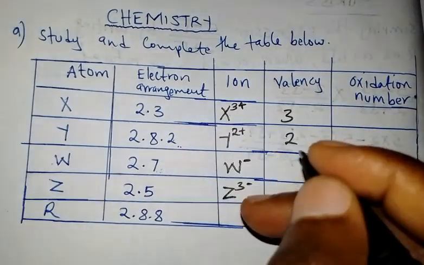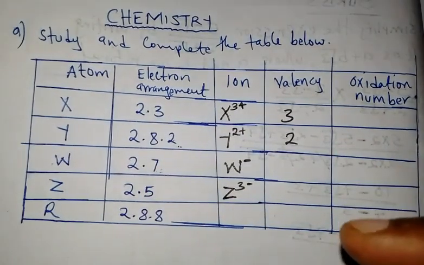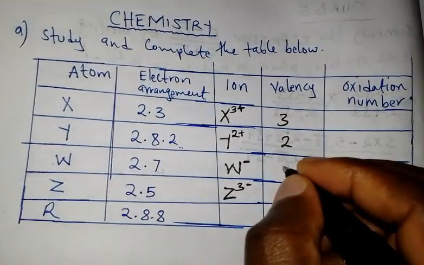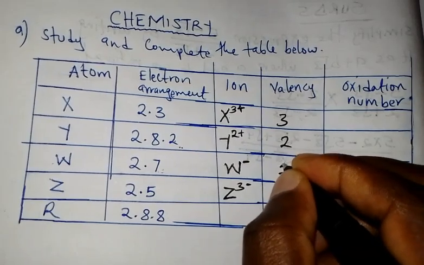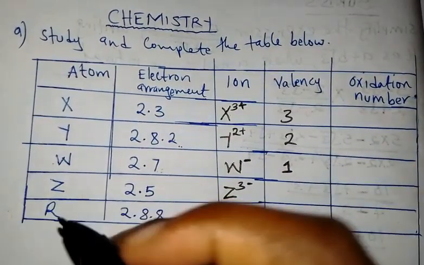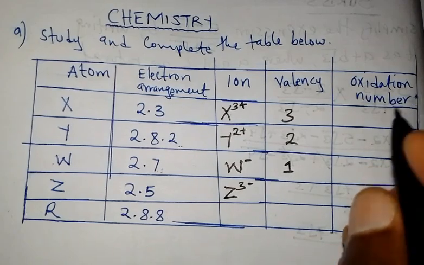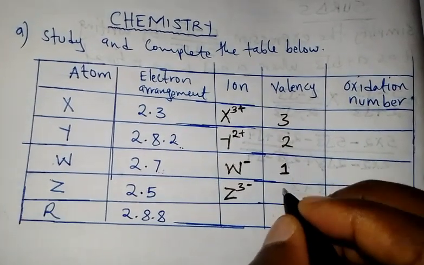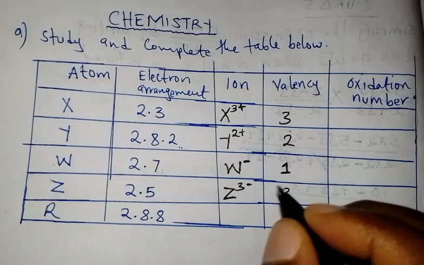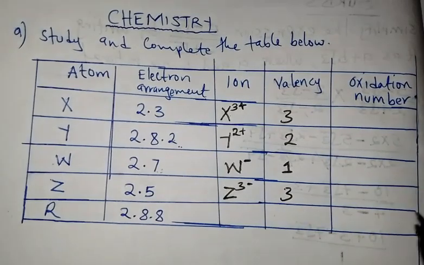W gained 1 electron for it to become stable. So the valency number for W will be 1. Z gained 3 electrons for it to become stable, which tells us that the valency number for Z is 3.